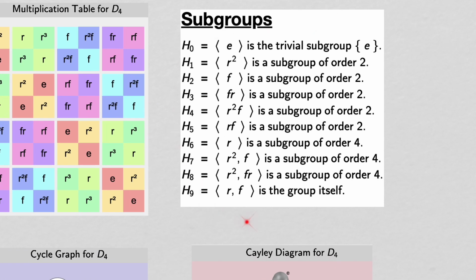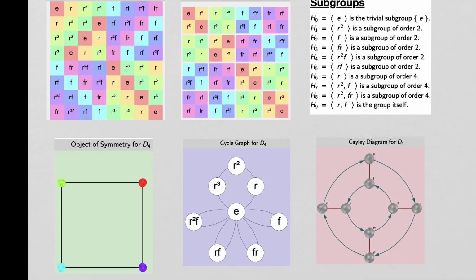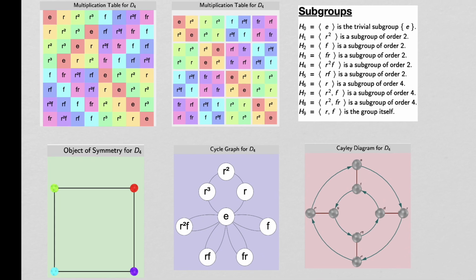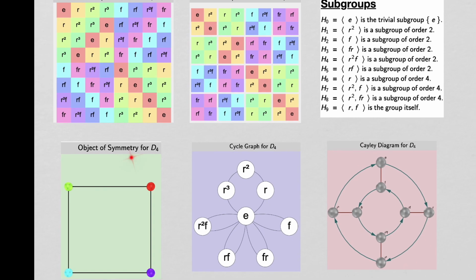What I want to spend some time on today is this list of subgroups. That's really important and convenient, to know all the subgroups of a group. It talks about the object of symmetry for the group, which, very important point to understand, is that not every group has an object of symmetry that you can just draw down. So it's not a good idea to think of groups in terms of their objects of symmetry.